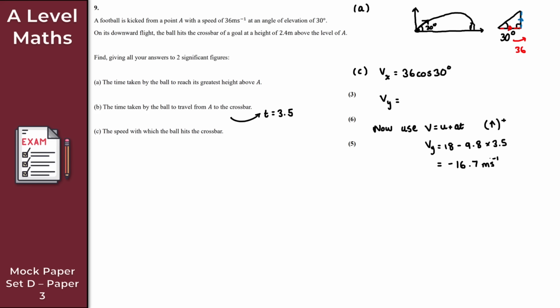For the final speed, it's just a simple application of Pythagoras. We do the square root of 36 cos 30 degrees, squared, and then we add the square of Vy, so minus 16.7 squared. That's the worst square root symbol ever, but it'll do.